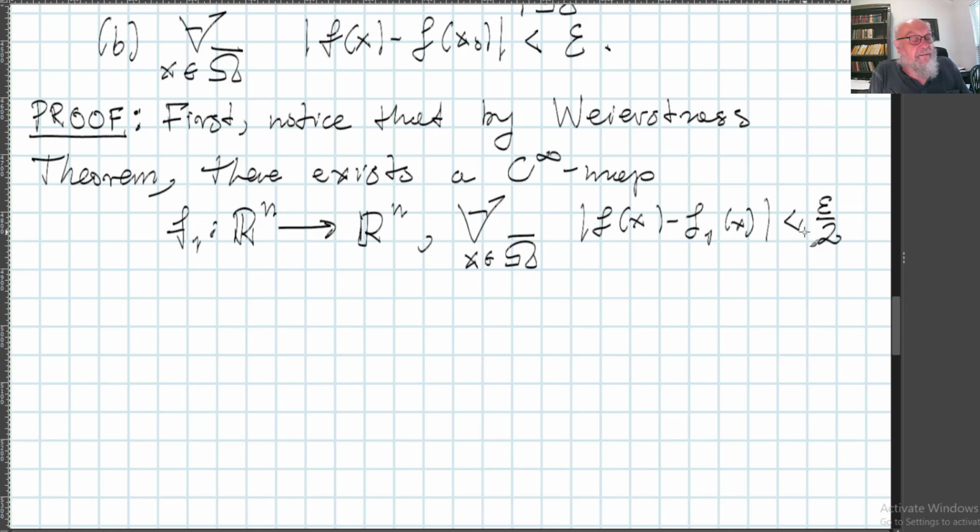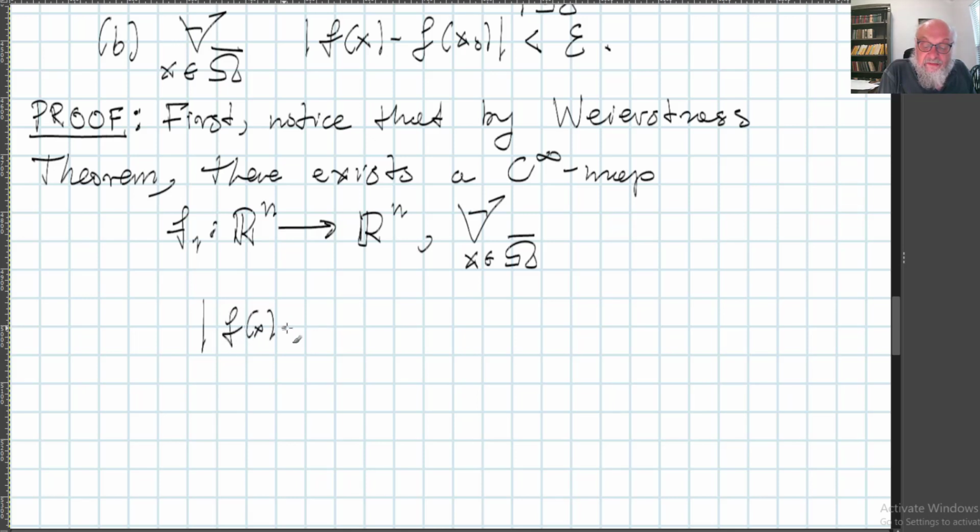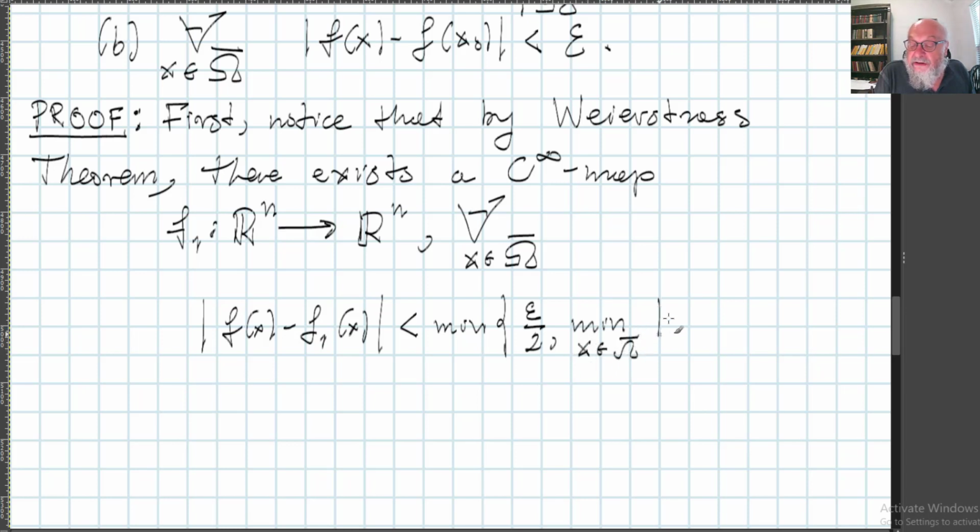We can assume, in order to take care of admissibility, that F of x minus F1 of x is smaller than the minimum of epsilon over 2 and the minimum over x in omega bar of the norm of F of x.